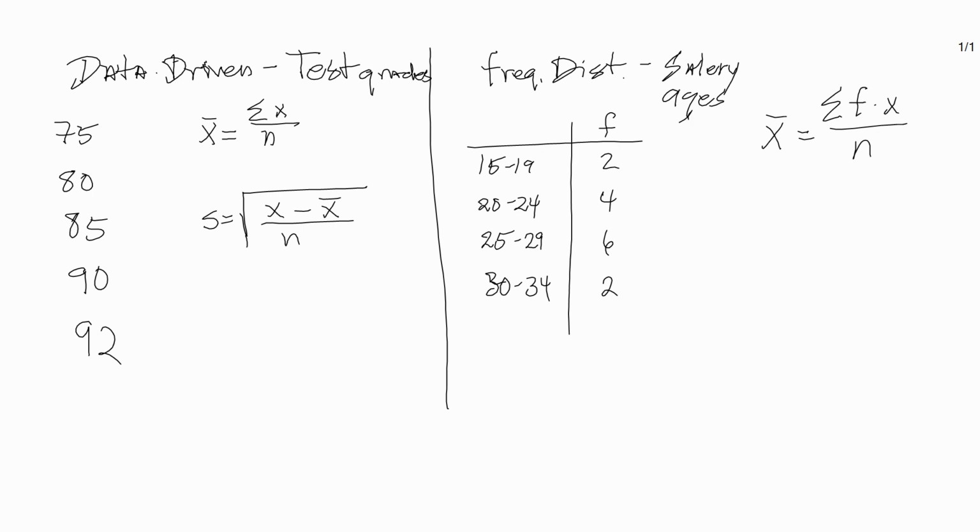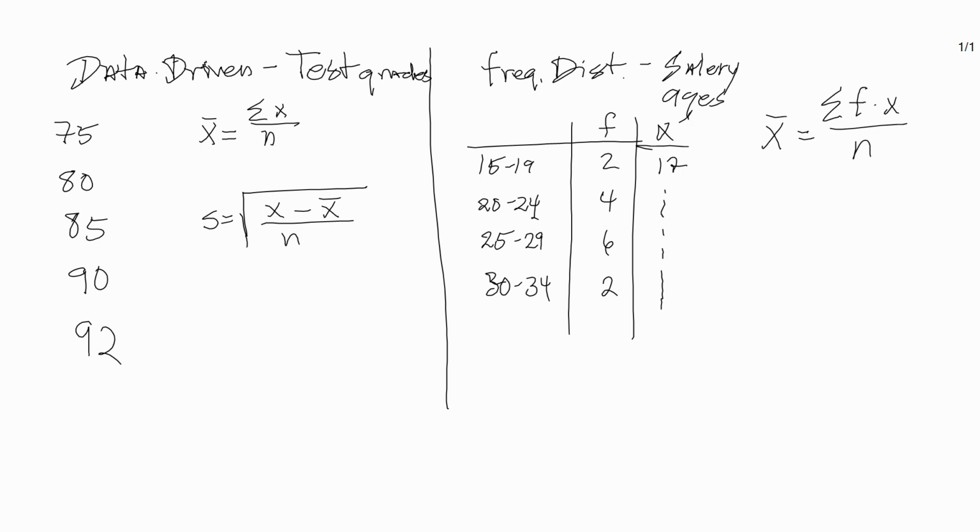And what's the word for x? It starts with an M. Midpoint of these guys right here. 15 plus 19 is 34. Half of 34 is 17. And so on.